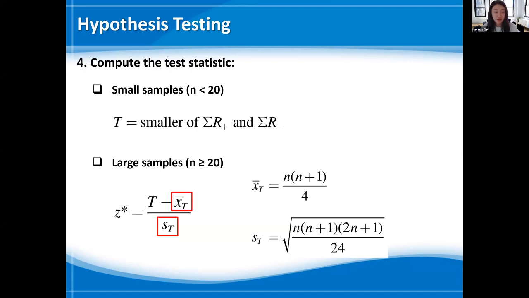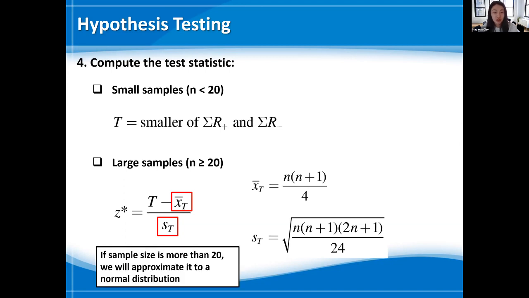So the SPSS result will show you the Z scores when you have a large sample. If the sample size is more than 20, we will approximate it to a normal distribution. Because the Wilcoxon signed rank test is a non-parametric test, it does not need multivariate normality in data.